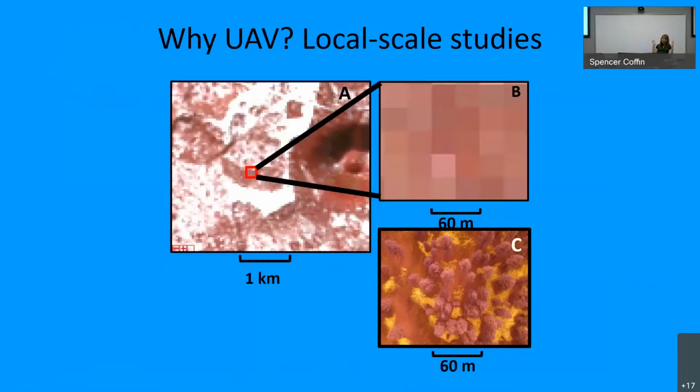So first of all, if there's all this amazing satellite data available, why do we need UAV images? Why would we use that? So just to illustrate that with a simple example, I'm here showing a zoomed in example of a Landsat satellite image, which has been up in space for over 40 years now.